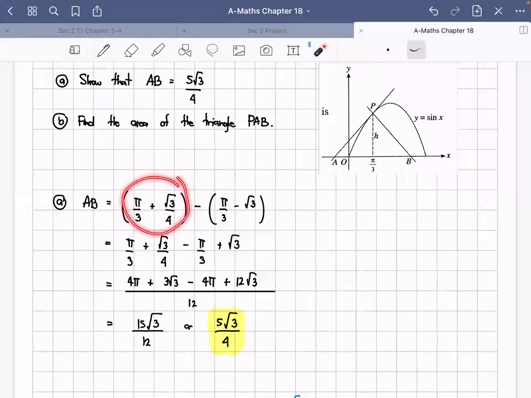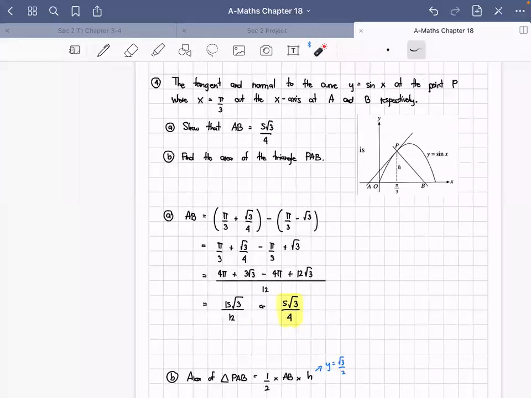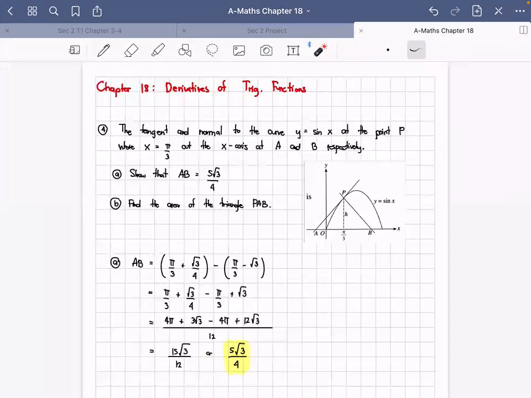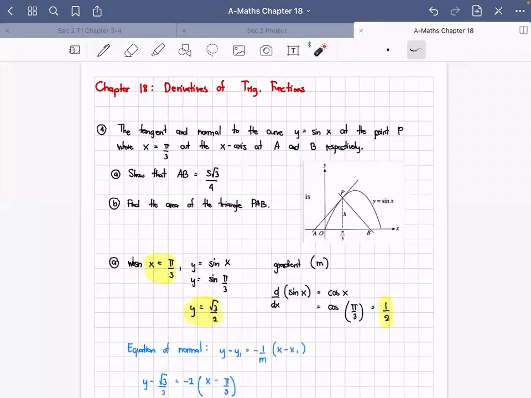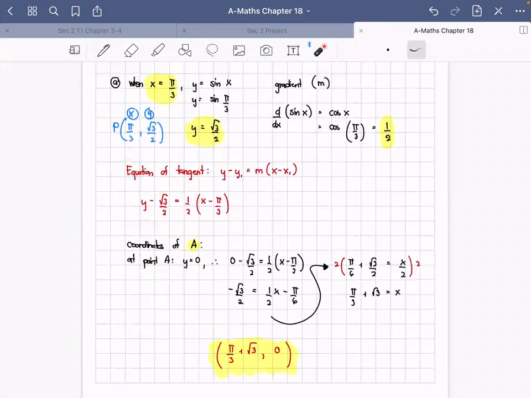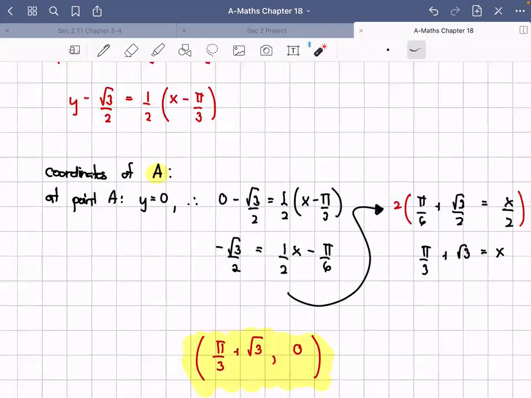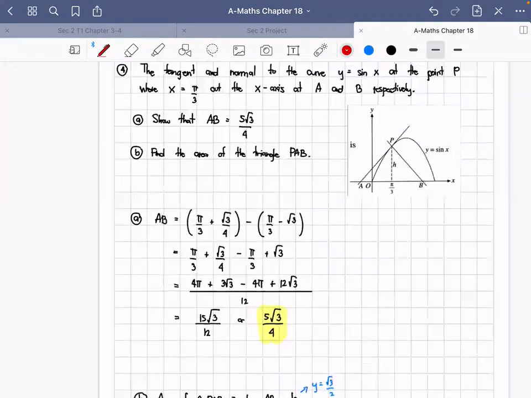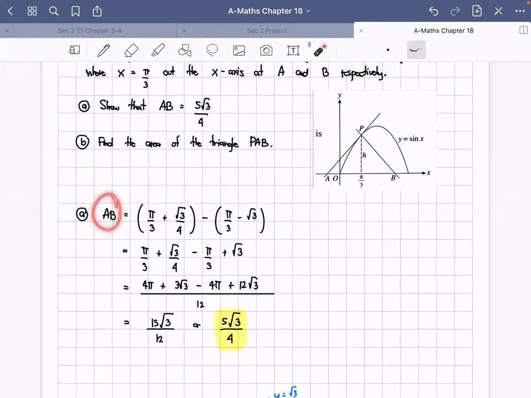I got this from my point B, and then minus this from my point A. Take note, this is minus. Sorry for that, this is minus 3. Subtracting them gives me the distance between A and B.